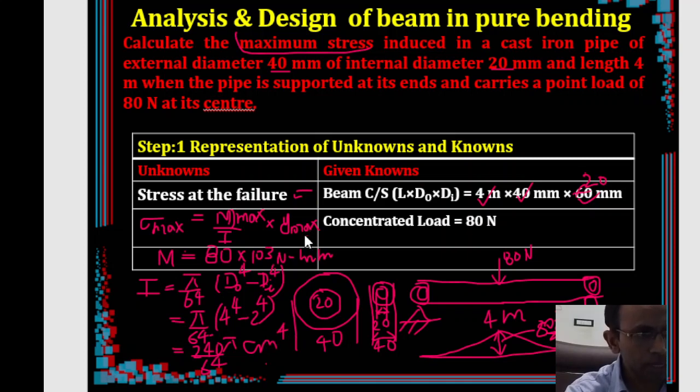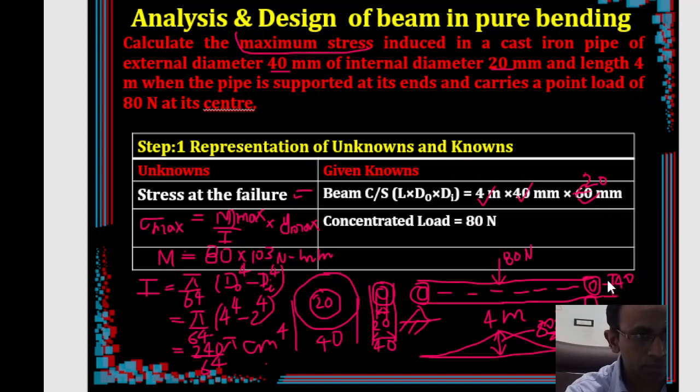Then y is nothing but the maximum diameter by 2. That is, y max is nothing but the total, which is 40 maximum. So y will be 40 by 2, because from the neutral axis, this is your y.